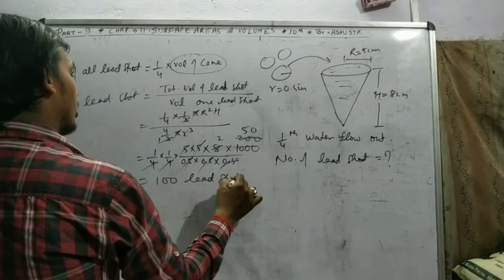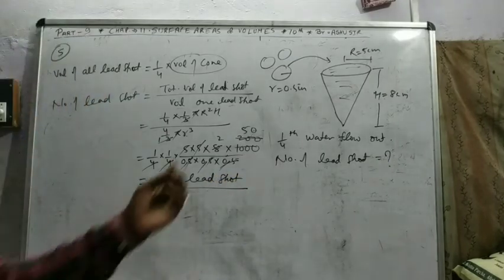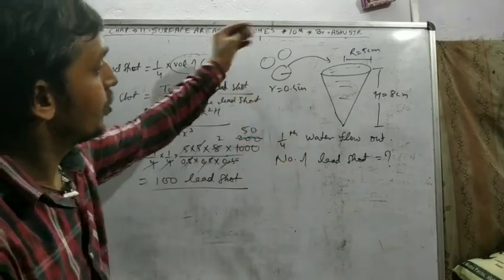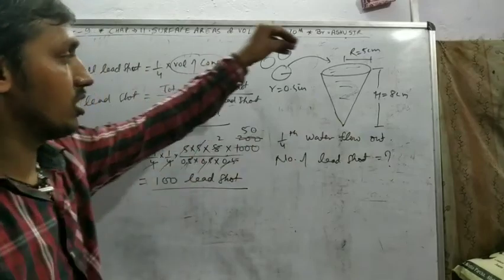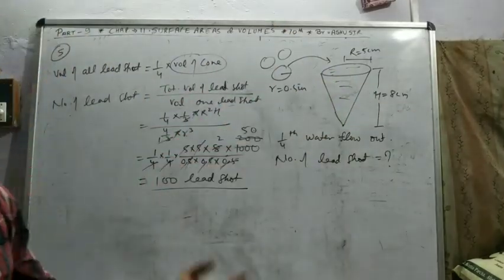So 100 lead shots are dropped in the conical vessel. When we put all 100 lead shots in this vessel, 1/4 of the water flows out. Pause the video, note it down.